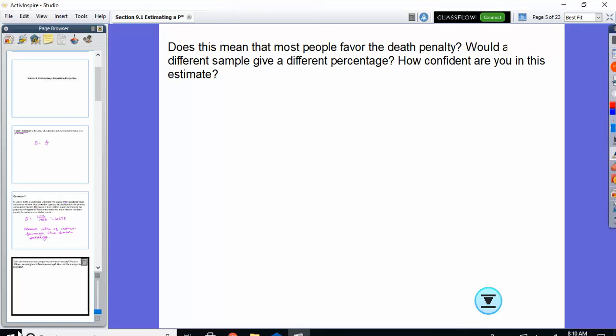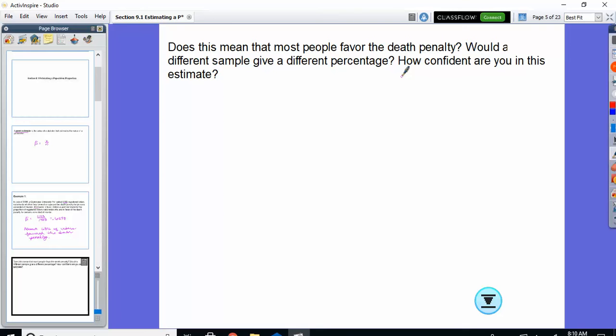They did in my sample. Does that mean that overall most people do? No. We can't really jump to that assumption. We found that in our sample, but we can't guarantee that for the entire population. If I had a different sample, would I likely get a different percentage? Yeah. So one question we'll be talking about is how confident are you in this estimate?